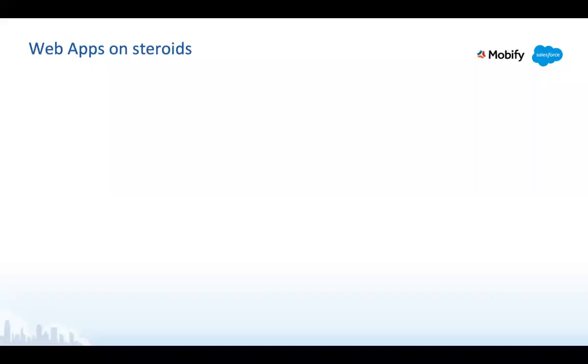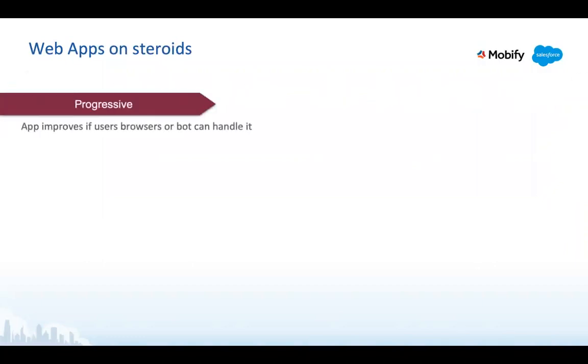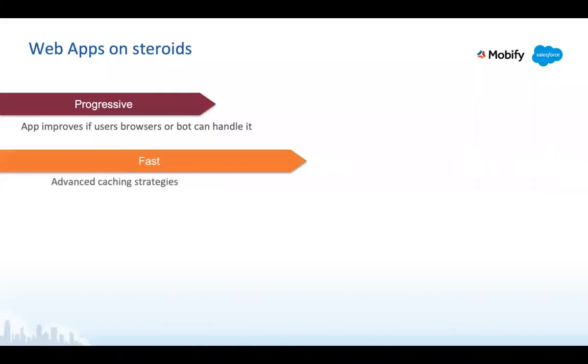So the Salesforce team described this as web apps on steroids. Basically, they're meant to be progressive, where your experience using a progressive app improves if your browser or your bot can handle it. Otherwise, you still get a great experience. It's fast because we're looking at implementing advanced caching and performance strategies.